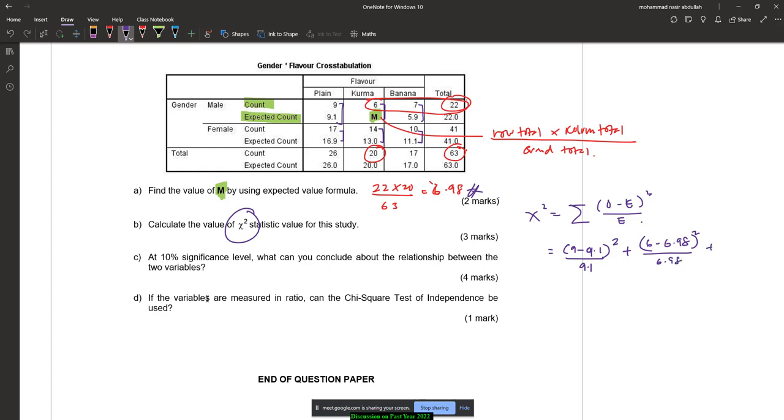Then 7 minus 5.9 squared divided by 5.9, plus 17 minus 16.9 squared divided by 16.9, and next is 14 minus 13 squared divided by 13, plus 10 minus 11.1 squared divided by 11.1.